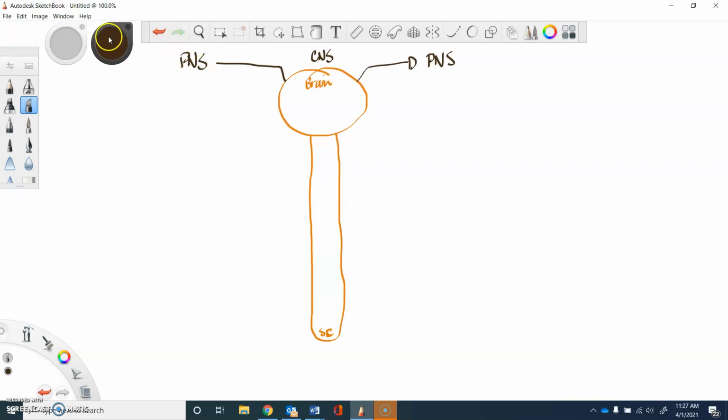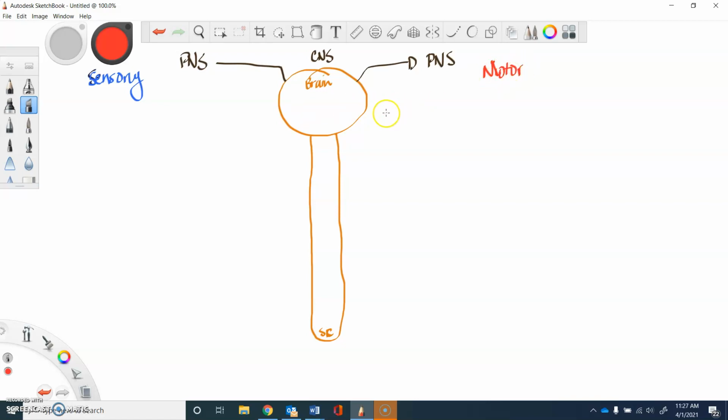So I am going to draw out the sensory part of the nervous system, over here, and the motor part on this side.